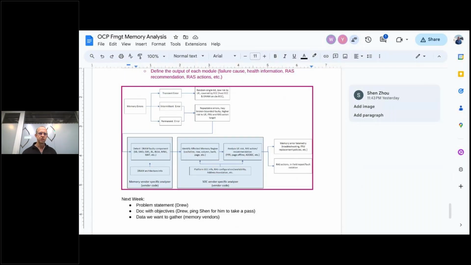And Drew, is this document in the same location as everything else? I think so, but I just pinged the link in the meeting, so if you go to the chat. Yeah, that's a good point. One of the things that needs to happen is to decide where we're going to keep and share all the information, all these things that we create. I heard that some participants may have access issues on Google Drive.